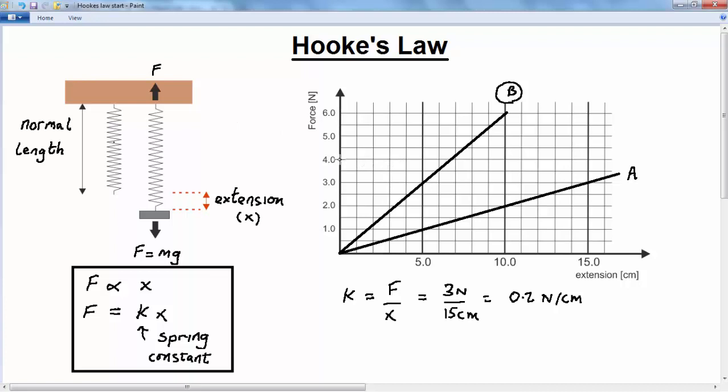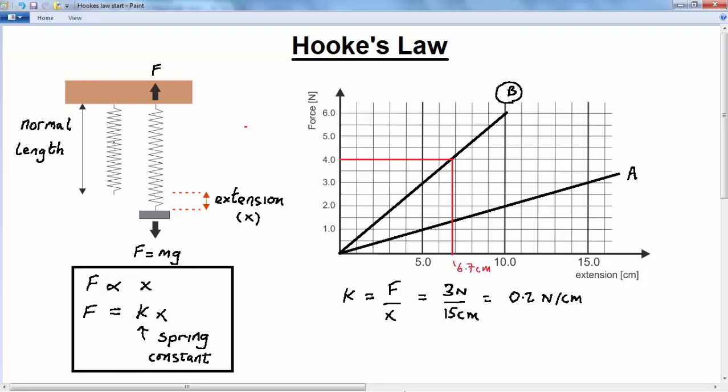You'll have a nice sharp HB pencil, which you should take into the exam with you, and you should have a ruler too. You mark on the graph 4 newtons, extend that across the graph, and then draw a line vertically downwards from the intersect, and then you can estimate the extension that it would produce. So in this case it would be 6.7 centimeters, for example.